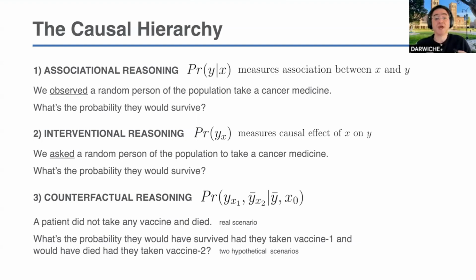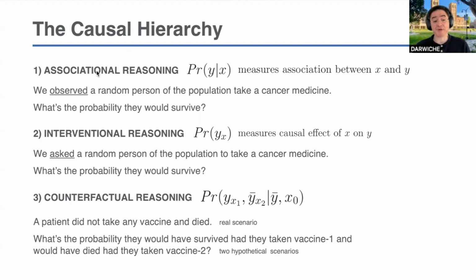So when we talk about causal objective functions, we will find that to express the causal objective function that we want to optimize, we will end up using quantities from all levels of the causal hierarchy. So these would end up being ingredients in expressing the causal objective function that we want to optimize.